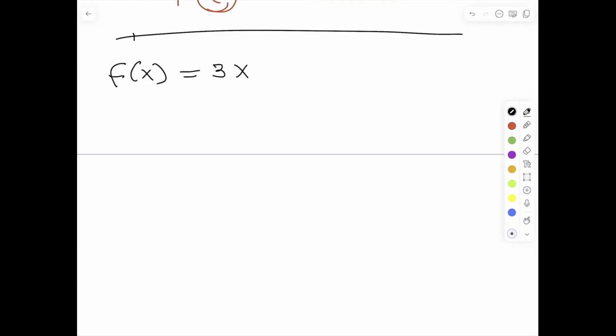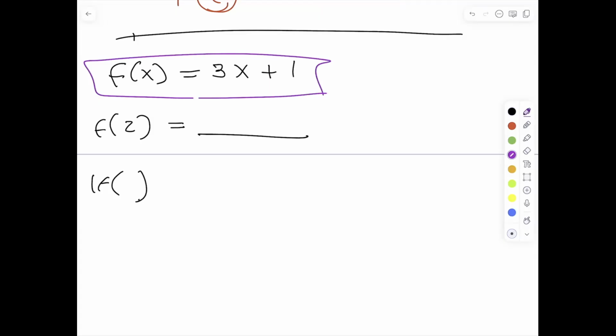Hopefully, f(x) = 3x + 1. So f(2). Let's do the first one. You have this problem right here, and they're saying f(2). That's how you say that. What does this 2 represent? We said it earlier. This is the x value. What am I going to do with this x value?